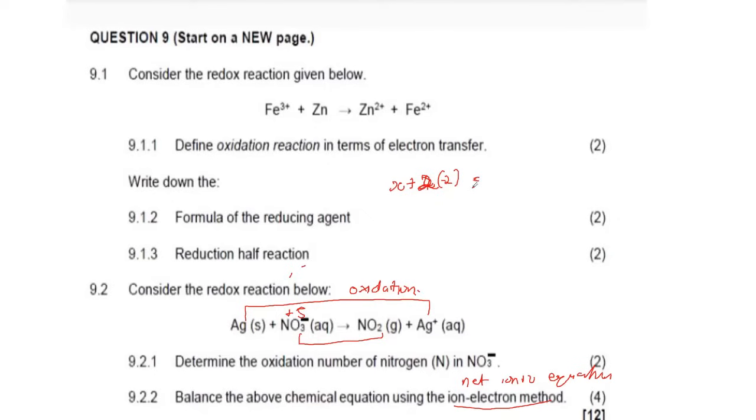Pardon me for that. And this is 0 because this is a compound, so it has no charge. So if we were to calculate, this is X minus 4 equal to 0.